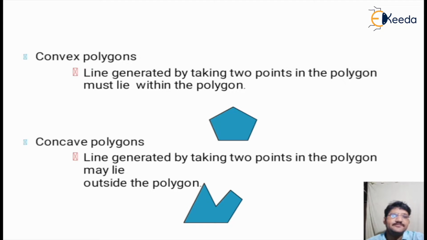Convex polygon means whenever we select 2 points inside the polygon and draw a line, the line segment should lie completely inside the polygon; then the polygon is called convex. If the line does not lie completely inside the polygon, then it is called a concave polygon.